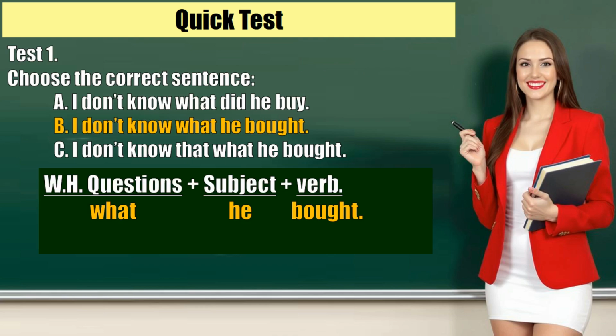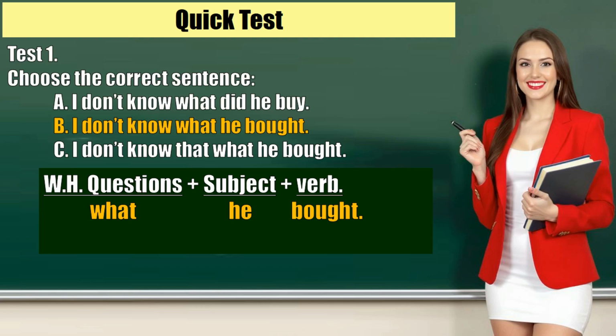Because inside a nominal relative clause, we use normal word order. WH word plus subject plus verb. He bought, not did he buy. Option A is wrong because it uses question word order. Option C is wrong because we do not use that before what in this structure.